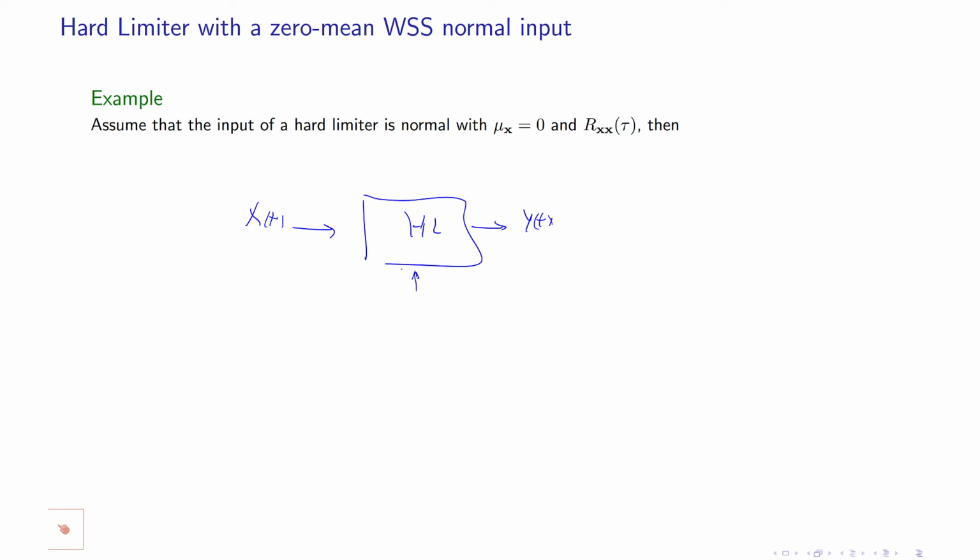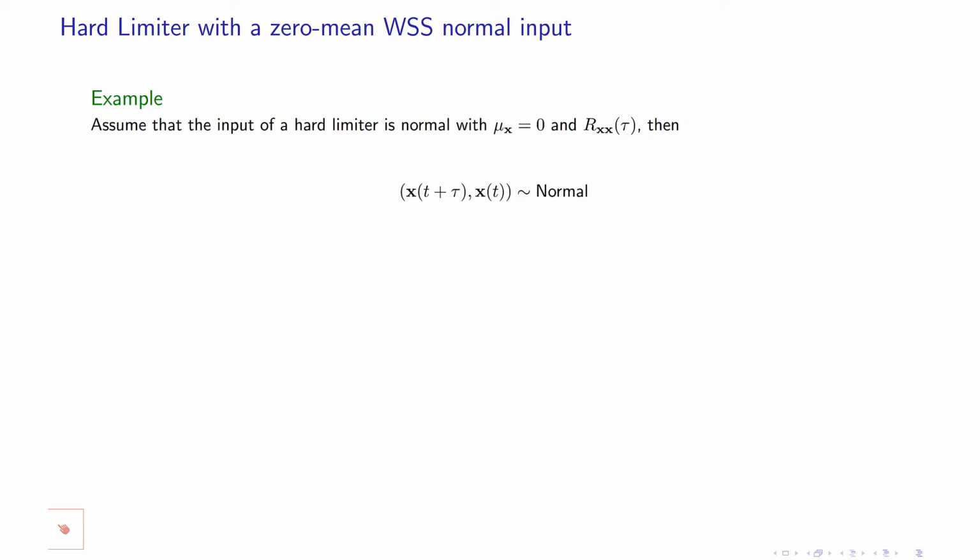It's just a comparator. Suppose that x is wide sense stationary and also normal, for instance thermal noise in an electronic circuit. And suppose that you know that it is 0 mean. The autocorrelation Rx of tau is something that you don't have, and you want to build a circuit to calculate it.